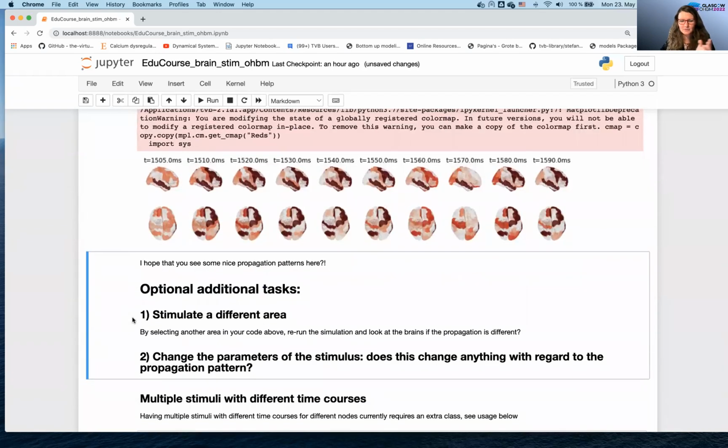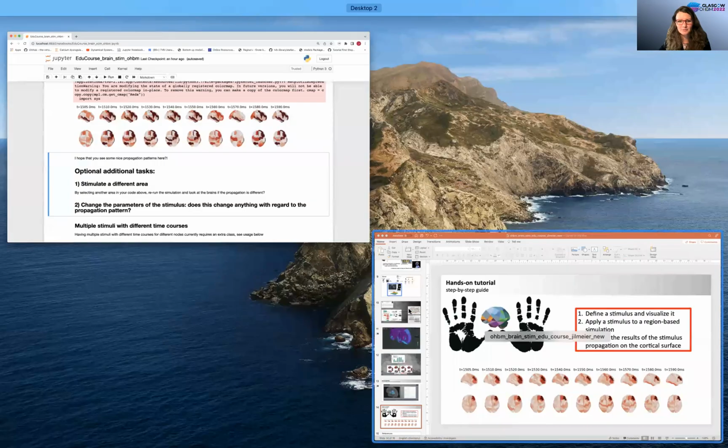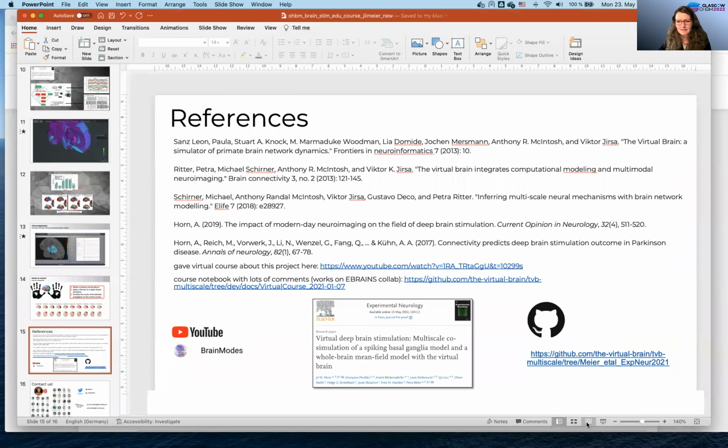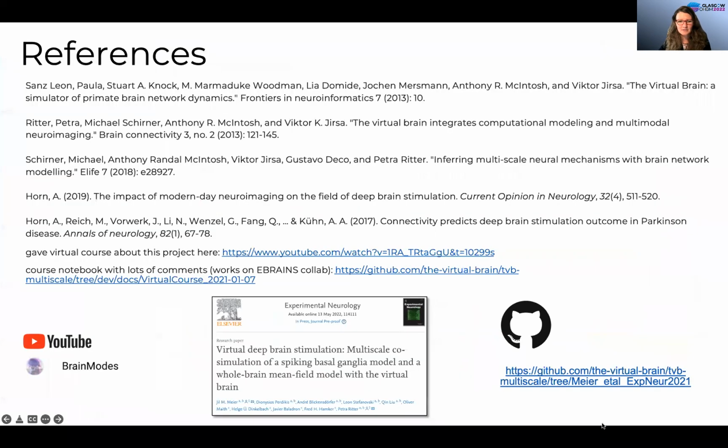All right, so with that, we have finished this notebook, and we'll shortly go back to the slides, where I want to give you a couple of references. I think the easiest one to access is our YouTube channel, Brain Modes, from our lab, where you will have all kinds of videos explaining how to use The Virtual Brain, how to install it, and what cool things to do with it.